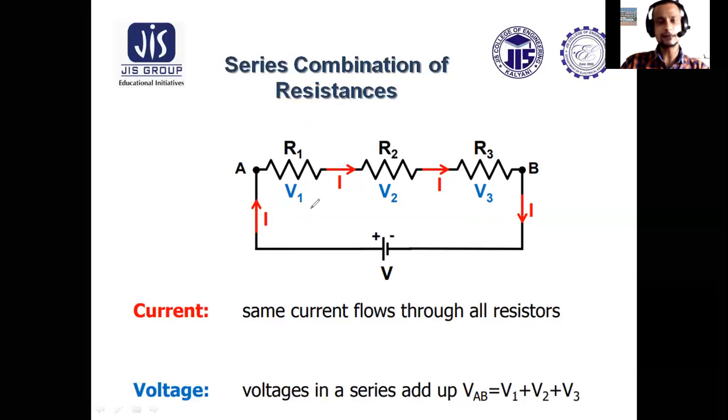Now, let us assume we know Ohm's law. Let us assume voltage across R1 is V1 as mentioned. Voltage across R2 is V2. So V1 can be written as I into R1.